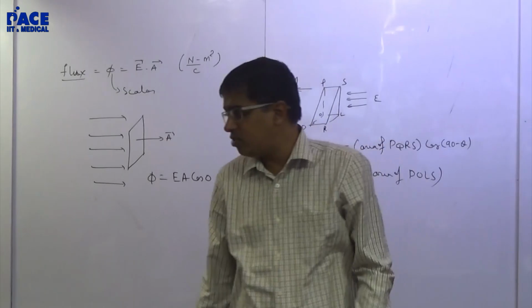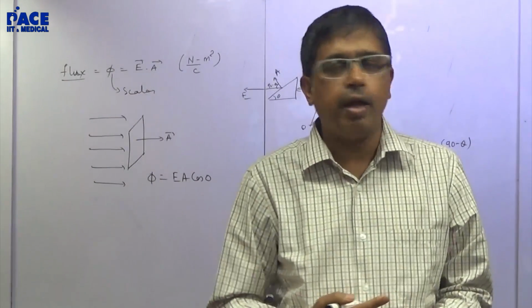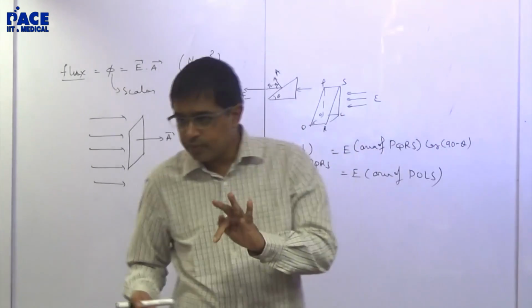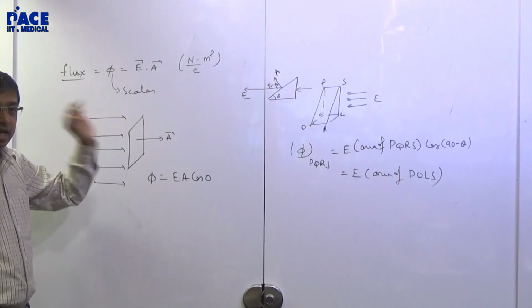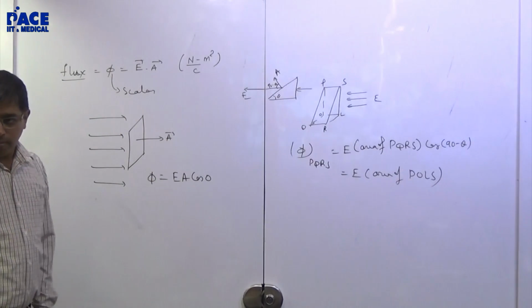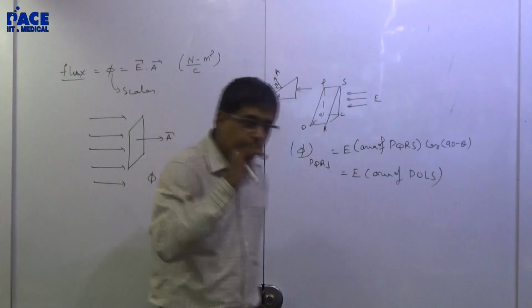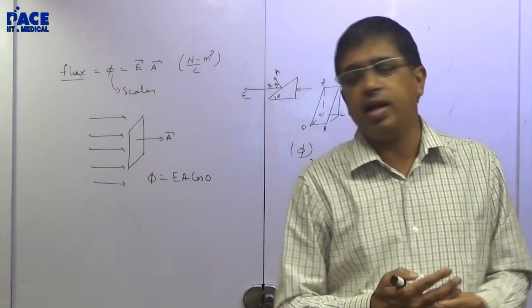A dot B is equal to AB cos theta. Either resolve A along B and multiply or resolve B along A and multiply. Is that clear? Basically, you are defining a new physical quantity called electric flux. The number of electric lines of force intercepting a surface perpendicularly is the raw measure of electric flux.